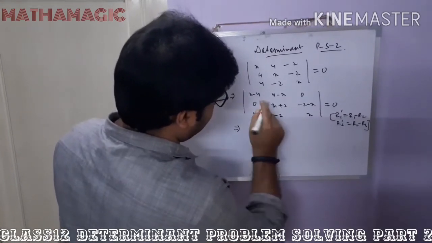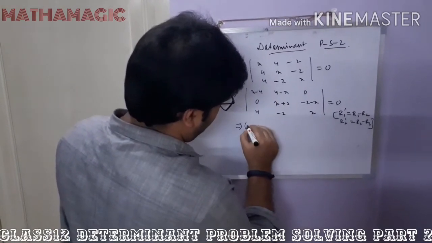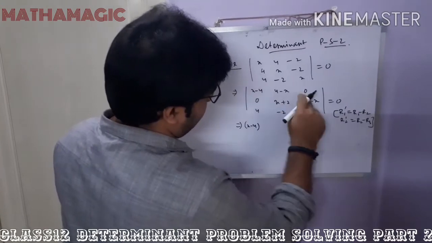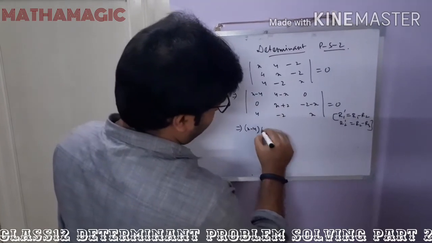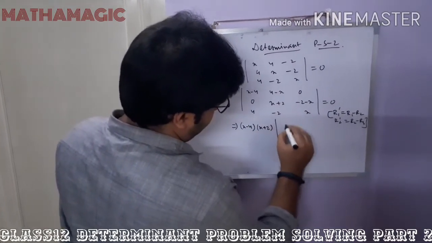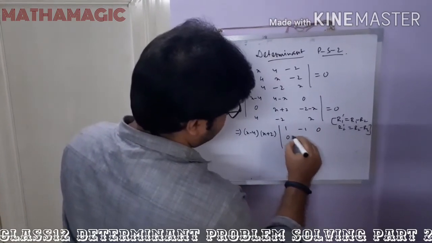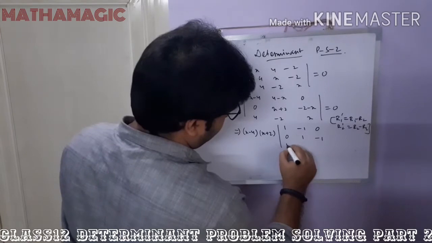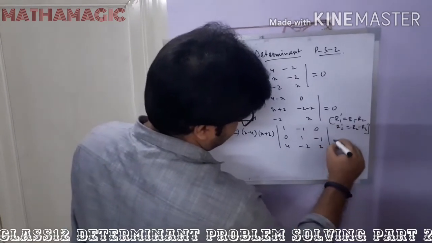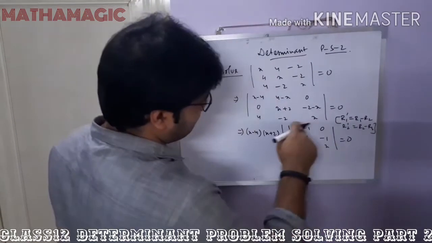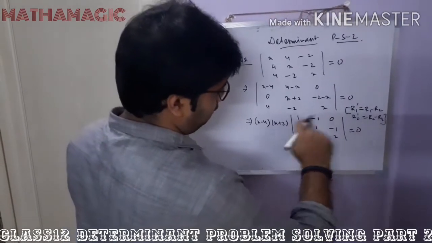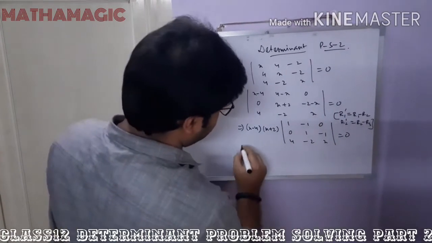If we take x minus 4 common from the first row and x plus 2 common from the second row, what will remain here? 1, minus 1, 0, and 0, 1, minus 1, and the third row 4, minus 2, x, equals 0. Now we will expand by any of the rows. We will expand it by the first row.